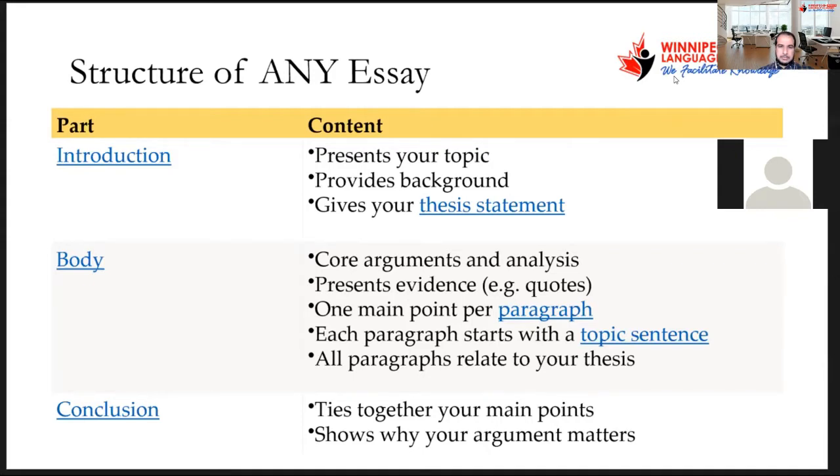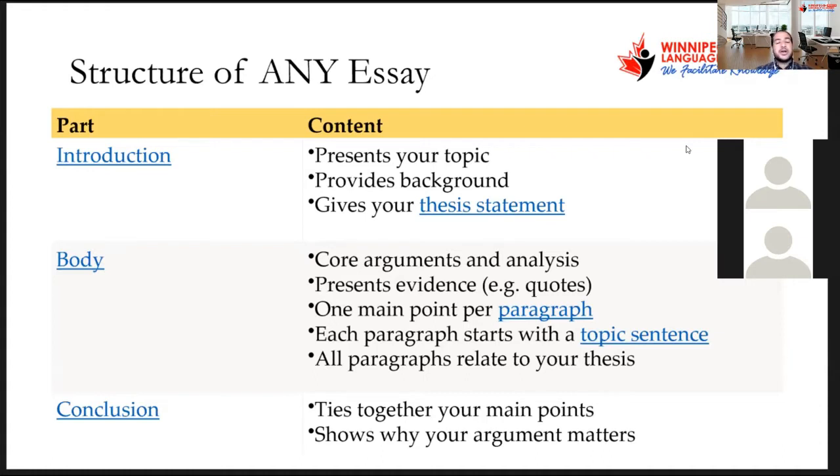Okay, so we mentioned that each paragraph should start with a topic sentence, and a topic sentence is the sentence that outlines what you will be discussing in the paragraph. Once you finish discussing this idea, you will move to another idea, and then another paragraph. Each paragraph starts with a topic sentence, and we will have a discussion on the difference between topic sentences and thesis statement.